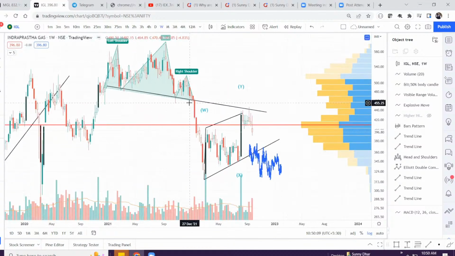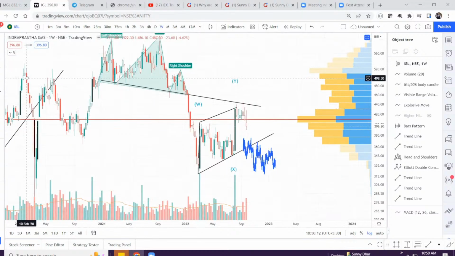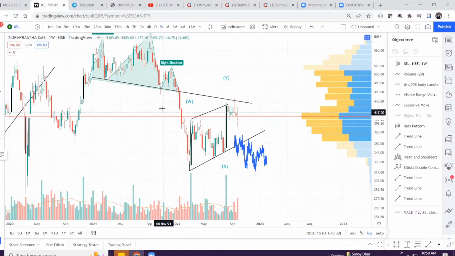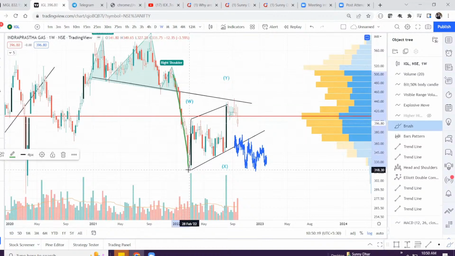So there was over 176 point fall after the prediction, and you can see again in this stock, this is a fast move. So this is the impulsive move. After this, what you are getting can be a corrective move, and we can expect one more move down.